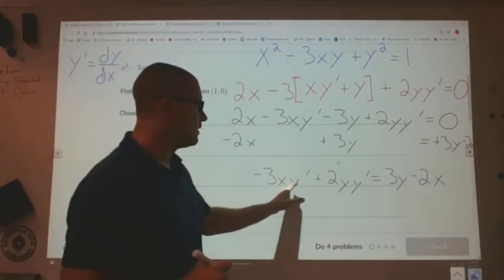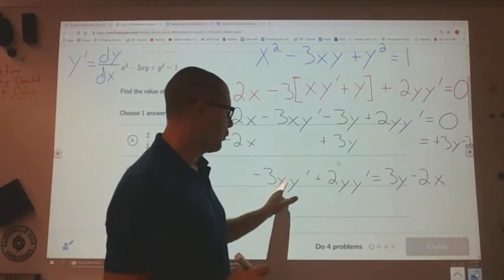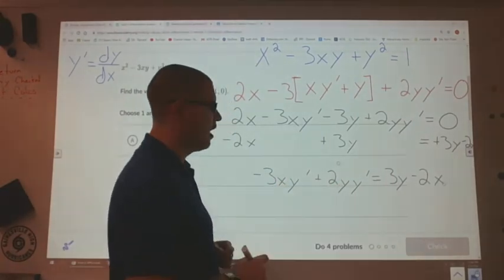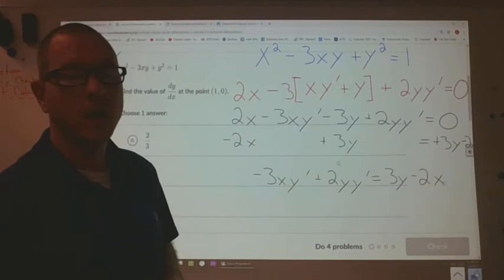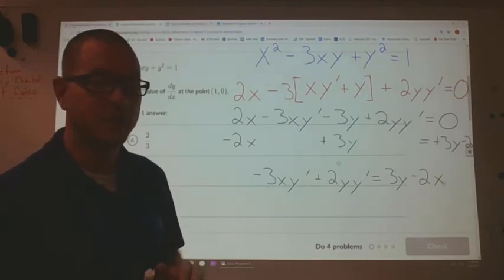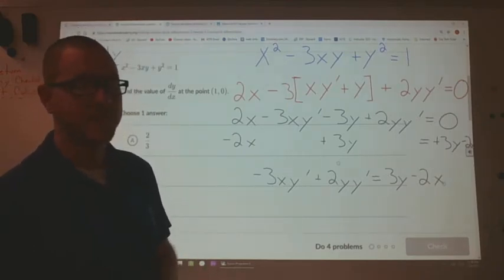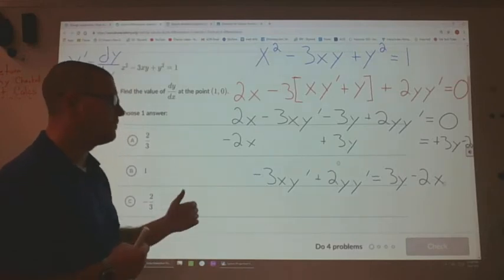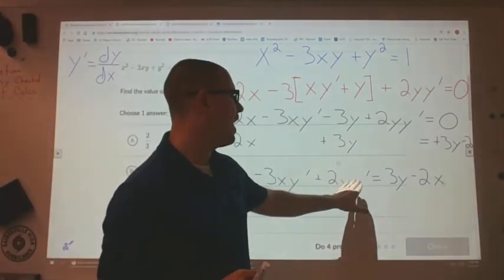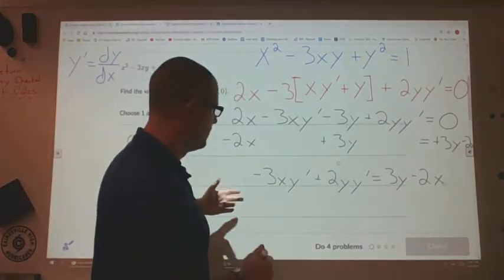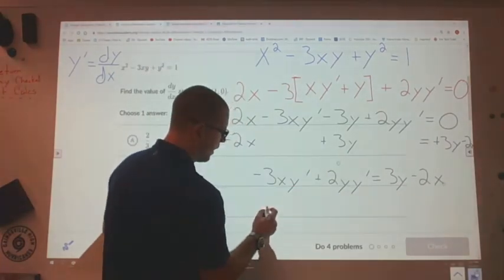And you may recall, this is a method called creating a common factor or forcing a common factor. That's why we collect all the terms with the variable that we are looking to solve for on one side of the equation, because it forces that side of the equation to have that common factor. In this case, y prime. So I want to factor that out.